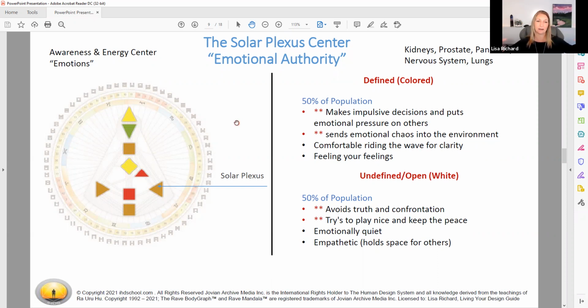There is so much power in projecting out one's truth to feed the world instead of amplifying what is not your truth. So that is a very, very powerful center in all of our designs.